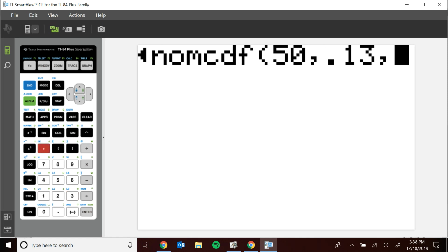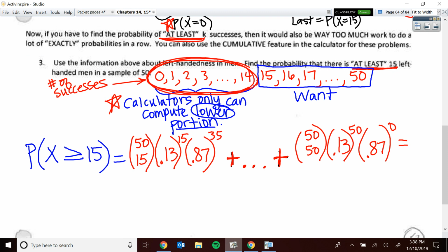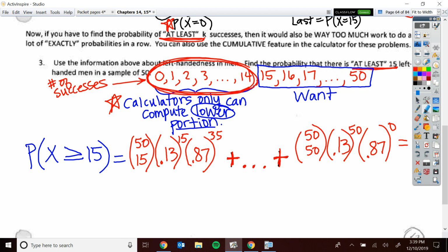Now, quick question. This is an important thing here, so pay attention to this. I want 15 and above.